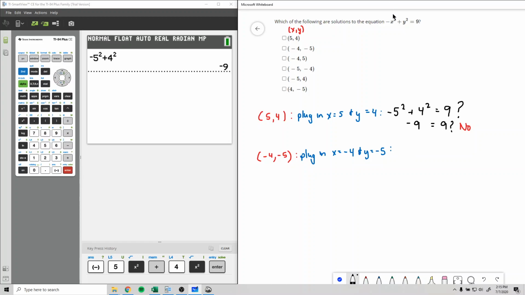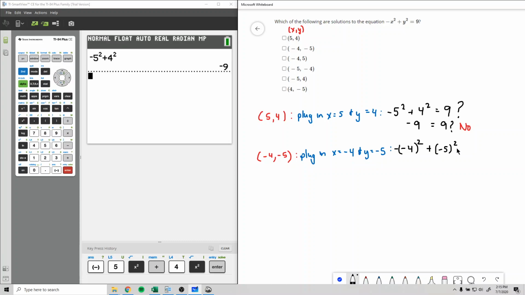If you want to plug in negative 4 here, we got that negative out front. Since the negative 4 is being squared, you want to put parentheses with the negative 4 inside it. So we got the negative out front from the original part and the negative on the 4 of what we're plugging in inside, plus y squared, and for y we're plugging in negative 5.